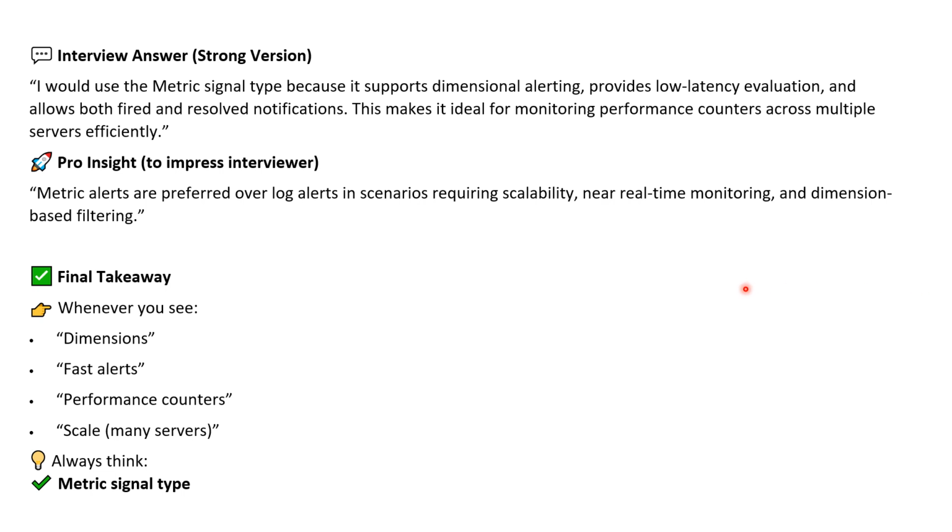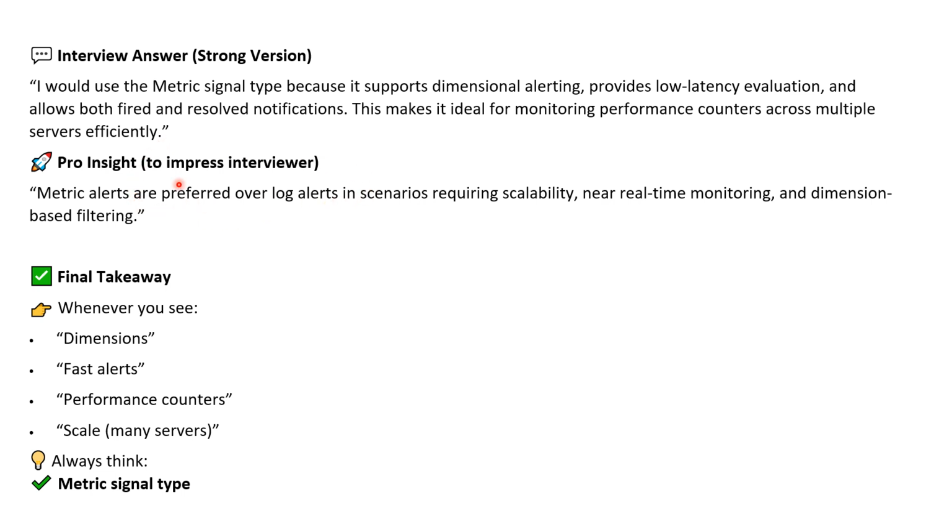Okay, if someone asks the same in an interview, what should you say? This is a strong version you can use. You would say: I would use the metric signal type because it supports dimensional alerting, provides low latency evaluation, and allows both fired and resolved notifications. This makes it ideal for monitoring performance counters across multiple servers efficiently.